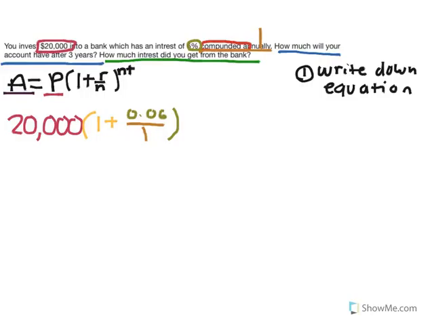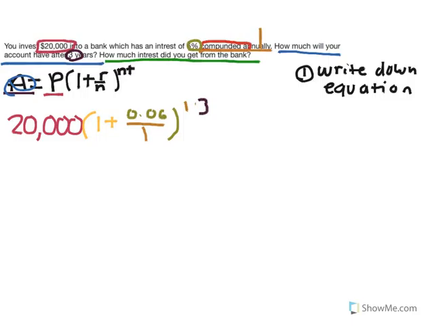So we would put this over 1, and that's the same N up here, so that's 1 times the number of years, how many years do they ask? We have 3 years, so times 3. So now, this is quite simple. To find our A, what we're trying to find, we just plug it into our calculators.